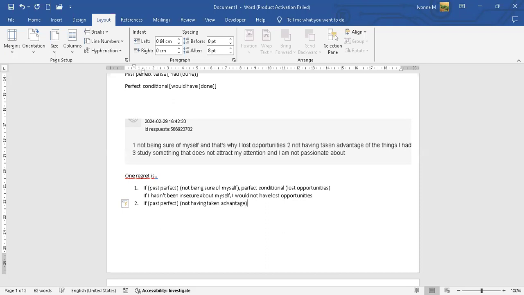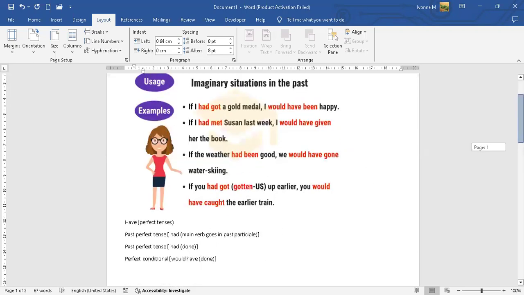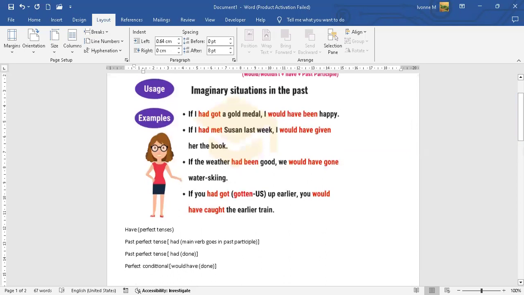And in the second part, the perfect conditional, she wants to express that maybe she's not happy, something similar to the example we have here in this slide. Like, I would have been happy. Let's say that.